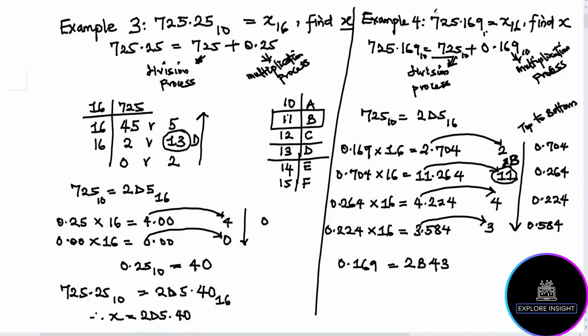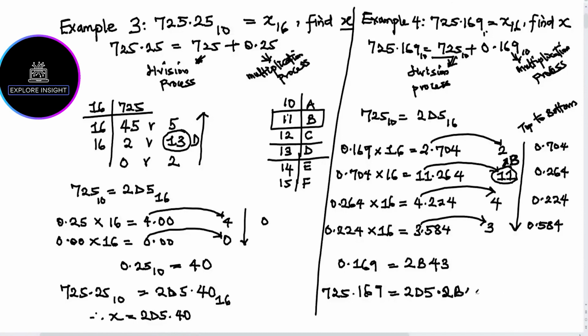Now we've gotten the value for 725 and we've also gotten the value for 0.169. All we have to do is to put this value together, checking out for the equivalent in hexadecimal. So let me write that out. 725.169 will be 725 is 2D5, dot 0.169 is 2B43. So now take note, this is base 10 and this is base 16.